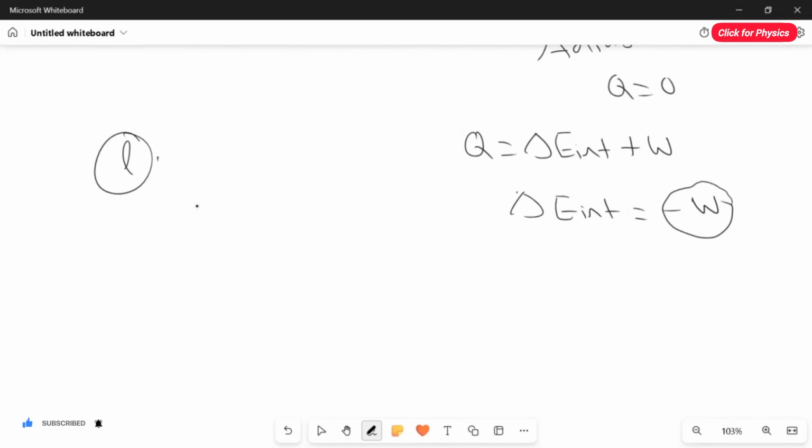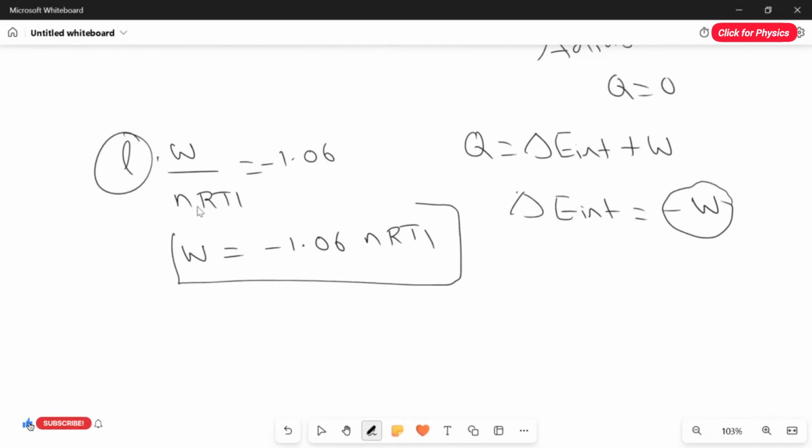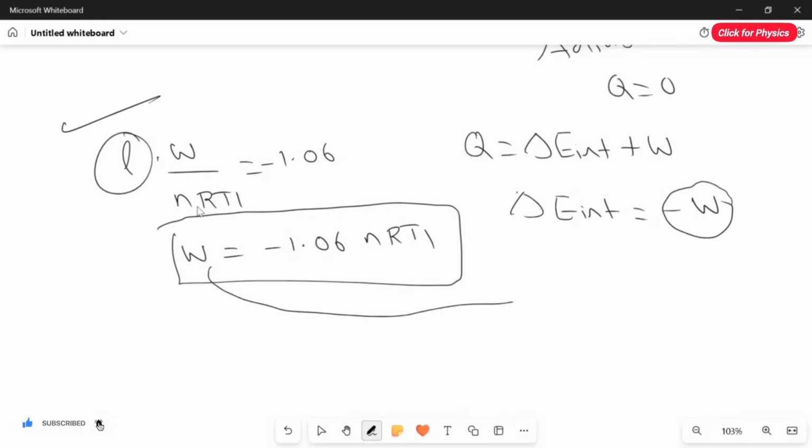In question L, we got W over nRT1 equal to minus 1.06. From this we can take W, so W is equal to minus 1.06 nRT1. So from part L, I am going to take this answer and substitute it here.